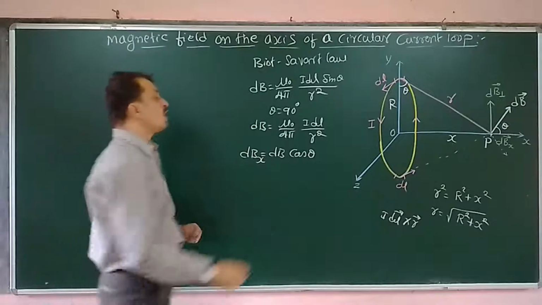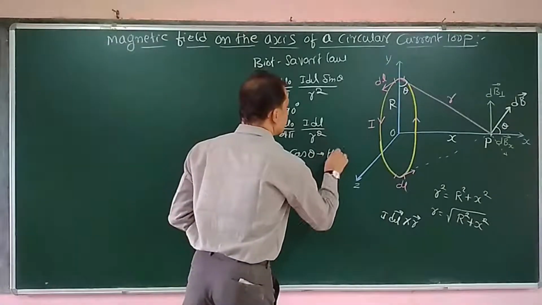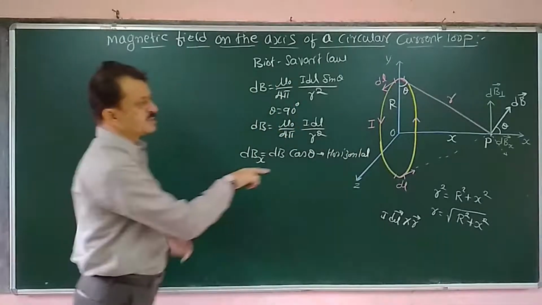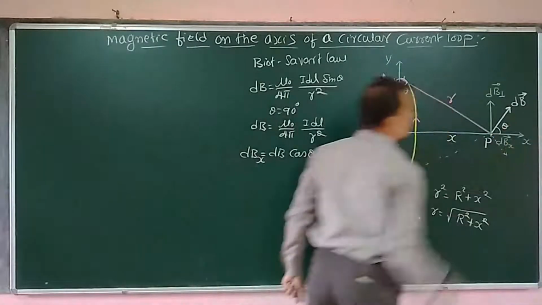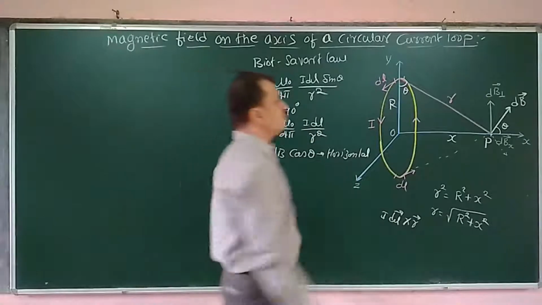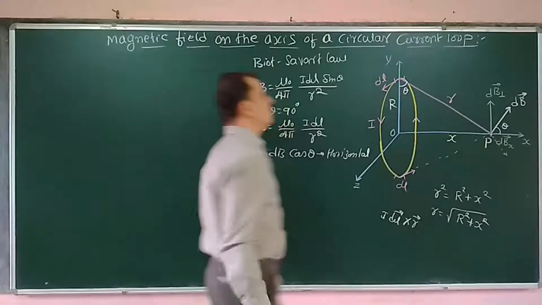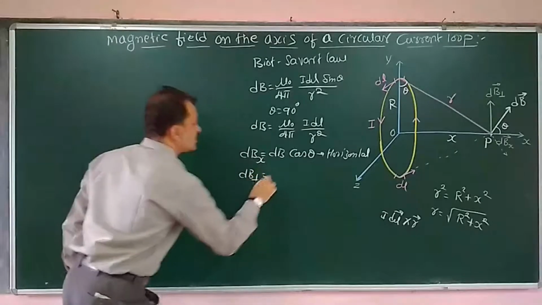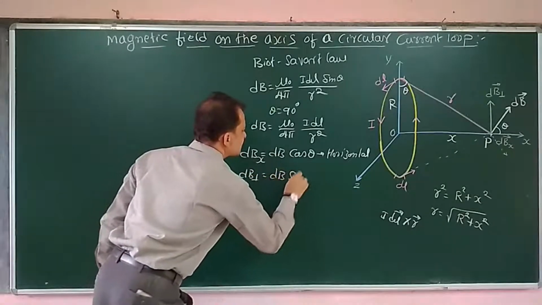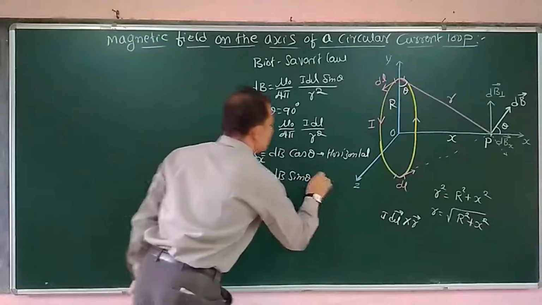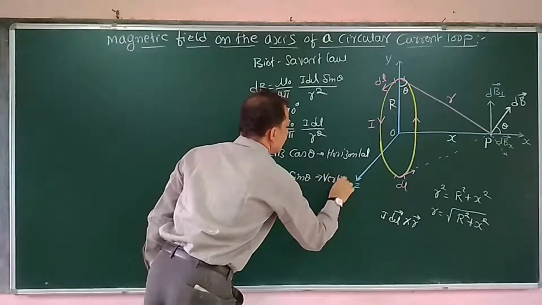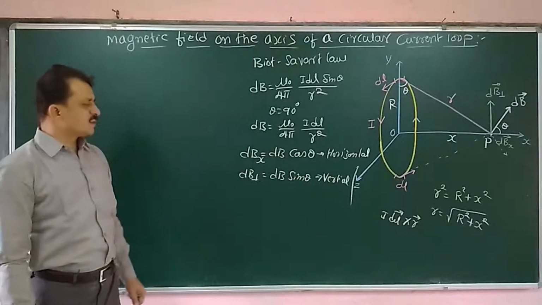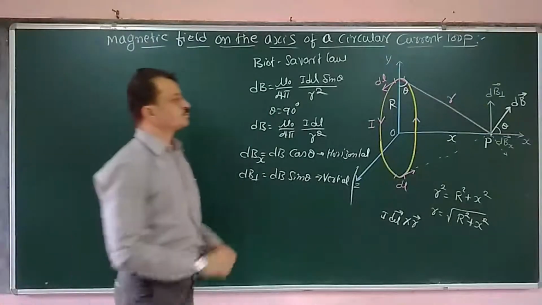This is the horizontal component along the x-axis. Now along the y-axis we have dB perpendicular, that is equal to dB sin theta. It is vertical. We are getting the horizontal component and the vertical component.